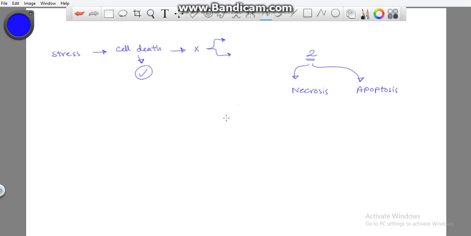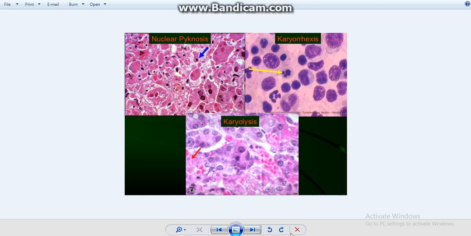Now, let's get into the hallmark. The hallmark of cell death, the main characteristic of cell death, is the loss of the nucleus. There are three steps by which the nuclei get lost. The first is called nuclear pycnosis.